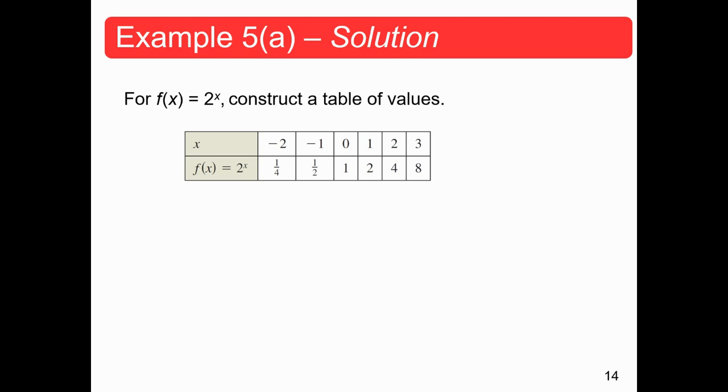Now, here's the one thing I want to remind you: the log function is always the inverse of this. So to find the log function, you're going to switch your x and y's. This would be your f of x on the top, and this would be your x on the bottom, so you get the inverse of each other.